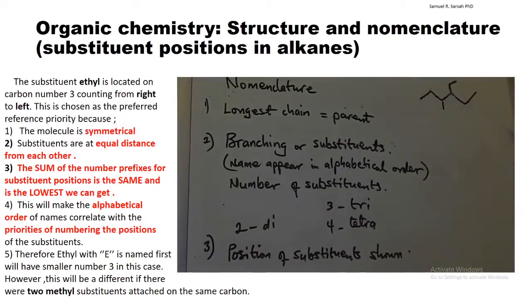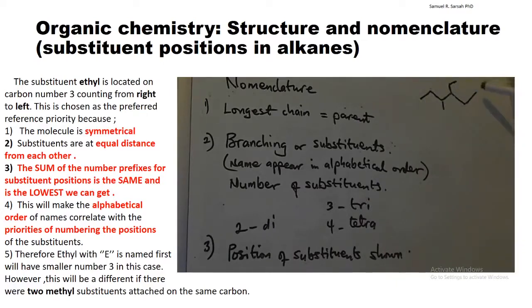We have a different structure now. This has 2 different substituents, a methyl group and an ethyl group. Ethyl has 2 carbons, one here, one here. Let's find the longest chain. The longest chain, as I can still see, is 1, 2, 3, 4, 5, 6.